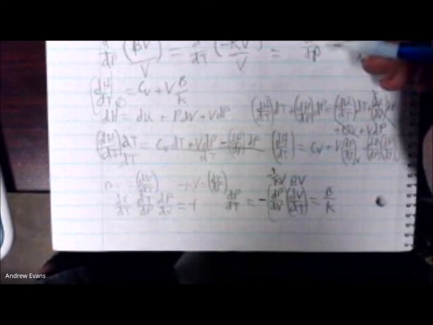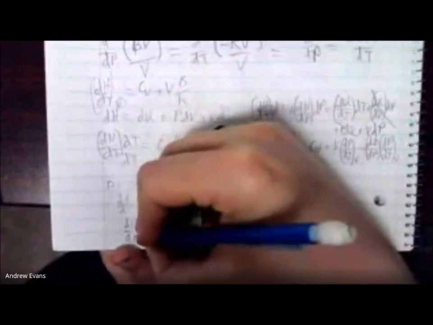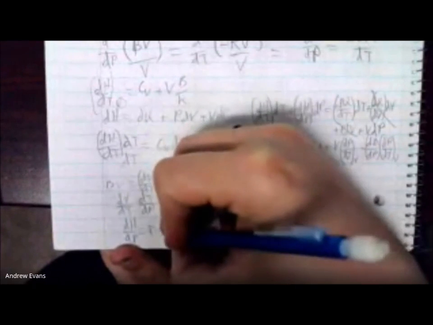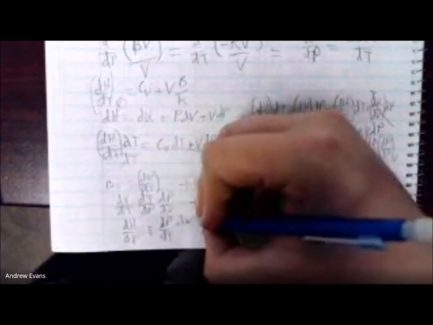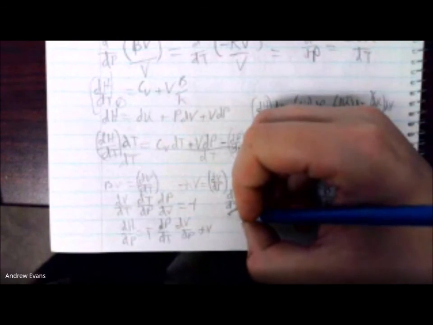And the last thing is how do we get rid of the dH dP? Well, dH dP is going to be equal to T dP dT, which is dV dP, plus V, which is essentially for an ideal gas that is 0.